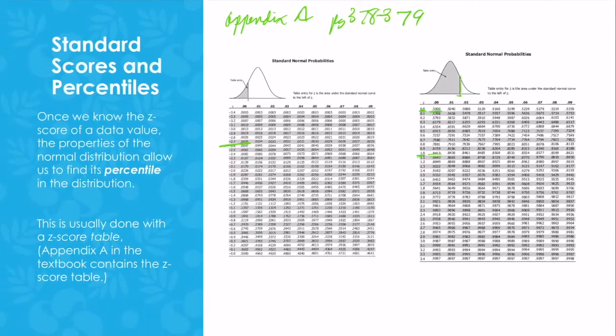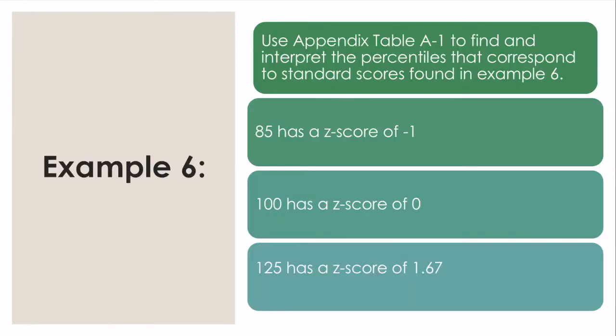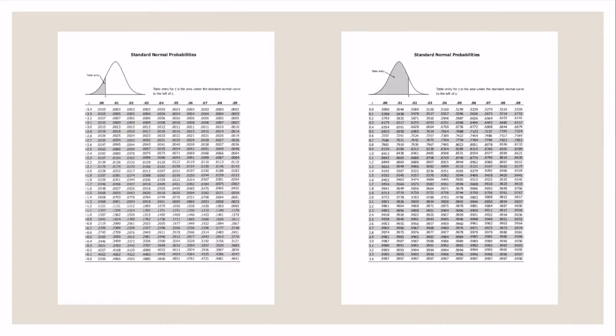So why don't we use Appendix table A1, that's for our z-scores, to interpret the percentiles that correspond to the standard scores found in example 6. So we found that 85 has a z-score of negative 1. Let's go to our table. I've got 1 for my negative z-scores and 1 for my positive z-scores.